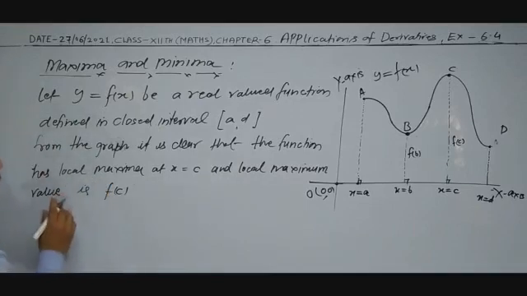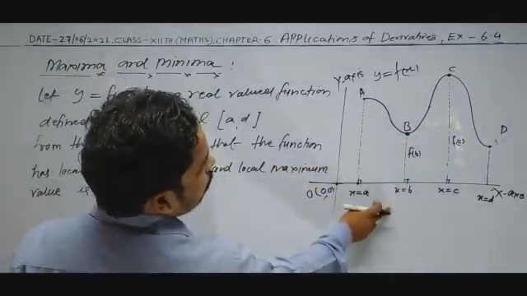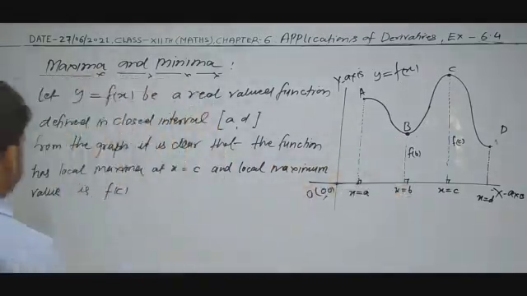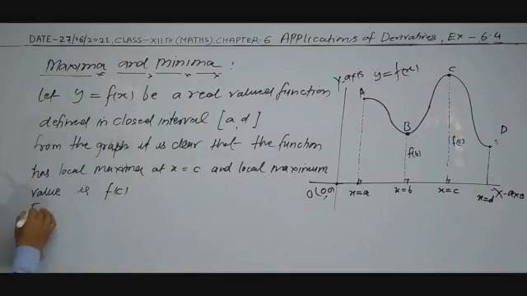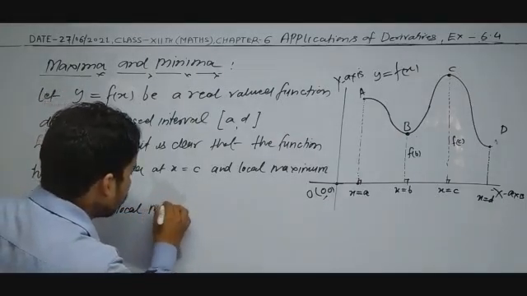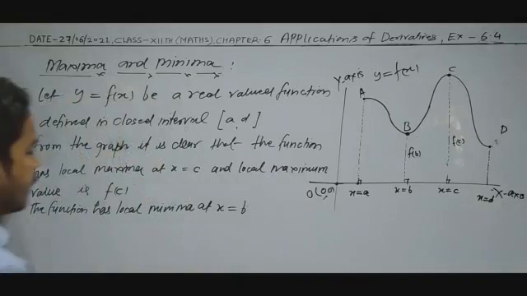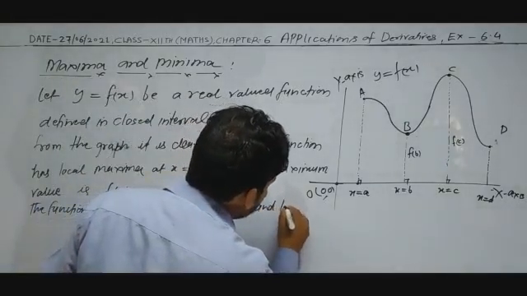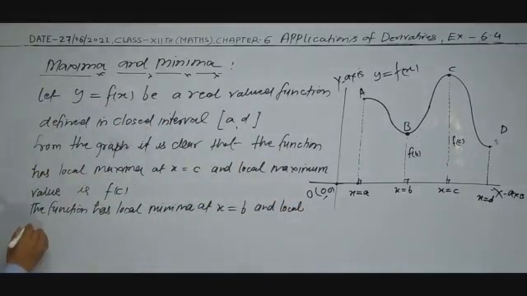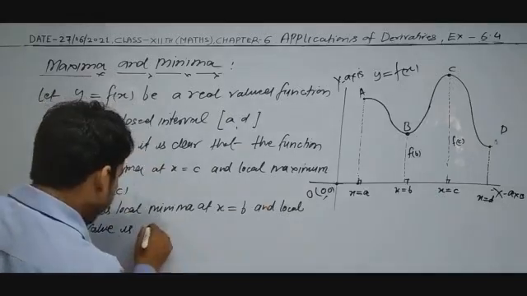Similarly, you can say from this graph the function has local minima at x is equal to b and the local minimum value is f(b).